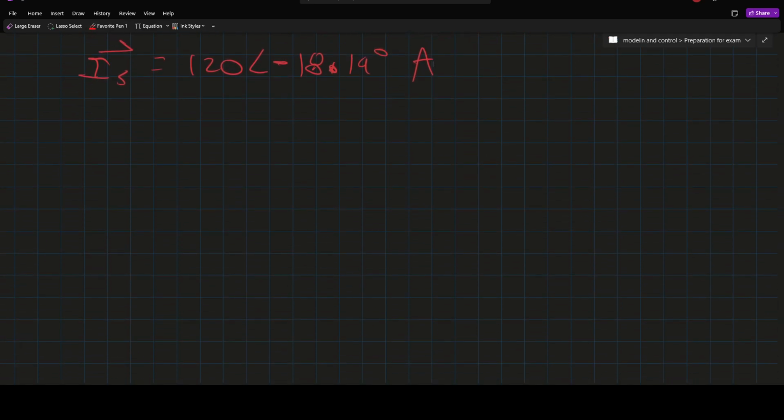Okay, so now that we have our VS and our IS, we can calculate our EV. That is going to be equal to our VS minus our jXS IS.